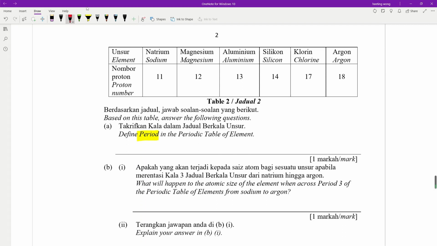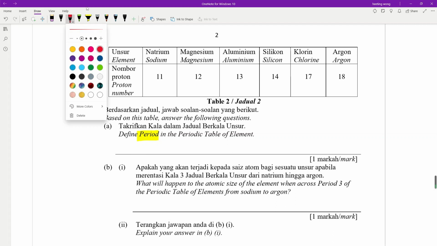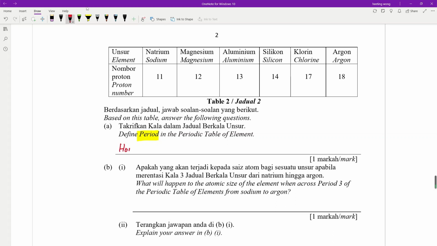A period refers to a horizontal row in the periodic table of elements.